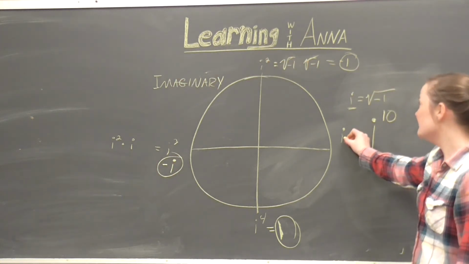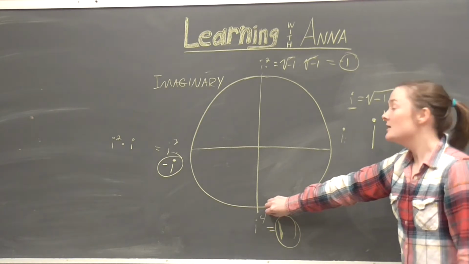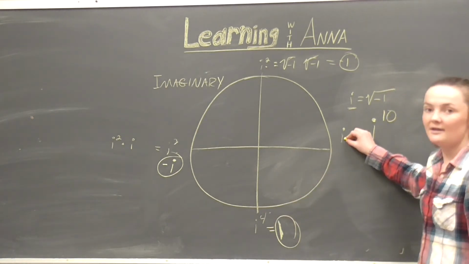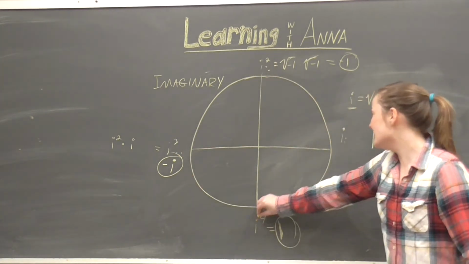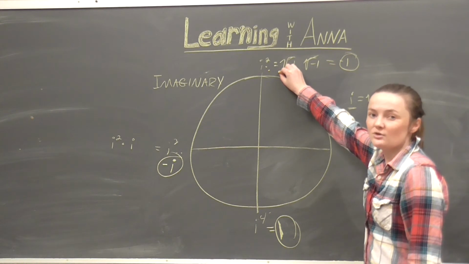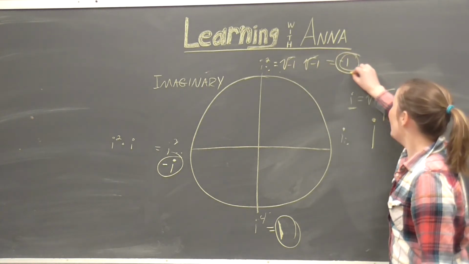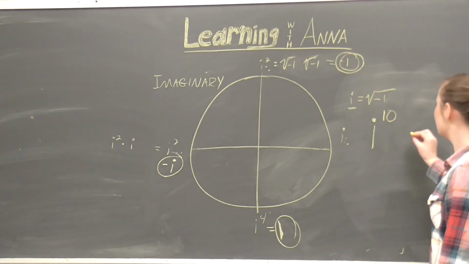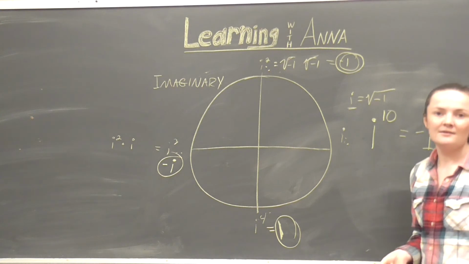If we start with i and we go to i squared, i cubed, i to the 4th, we can pretend that when we start here again, it's i to the 5th, to the 6th, to the 7th, to the 8th, to the 9th, to the 10th. And so when I go around my circle in increments of fourths 10 times, I'm going to get -1. So i to the 10th is equal to -1.